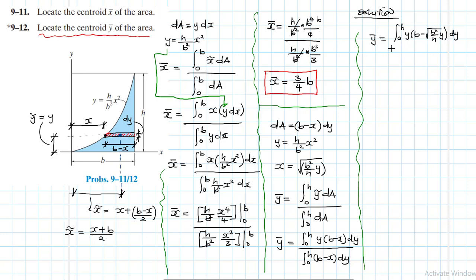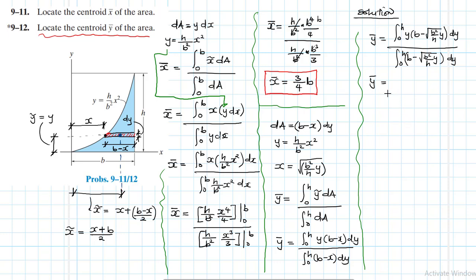We do the same at the bottom there, 0 to h. There it has b, of course, minus the square root of b squared divided by h times the y, dy. We can expand this further.